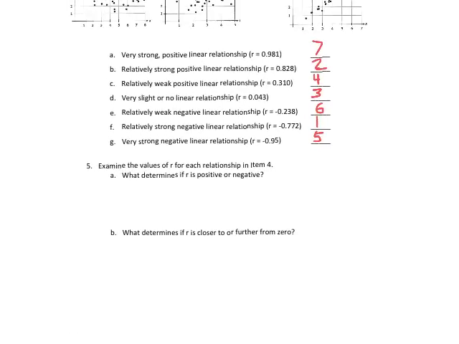It says, what determines if R is positive or negative? This is not a trick question. Okay, what could we say about the relationship? This is kind of hard since we haven't talked about line of best fit.